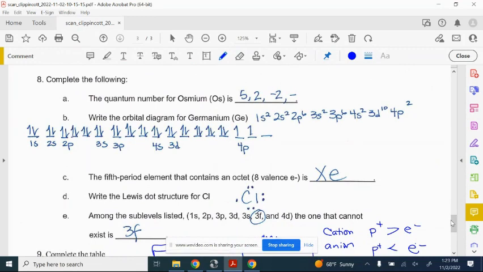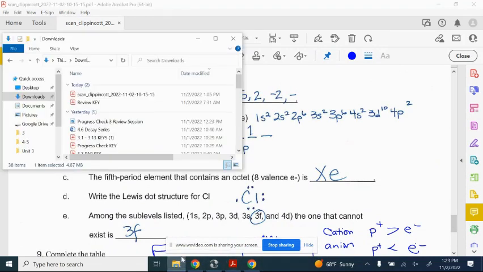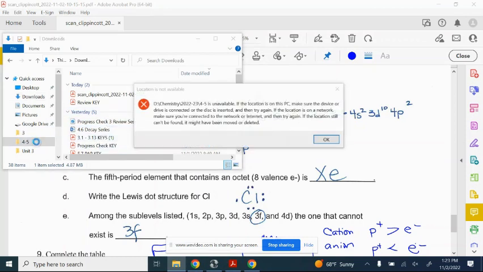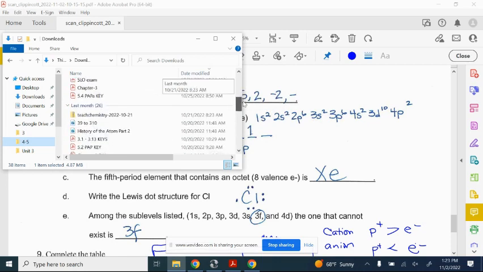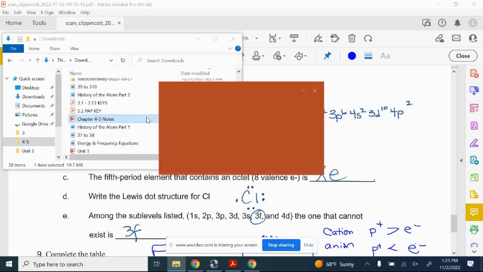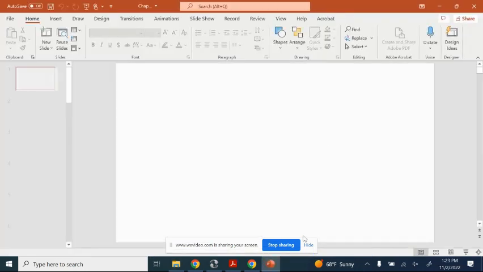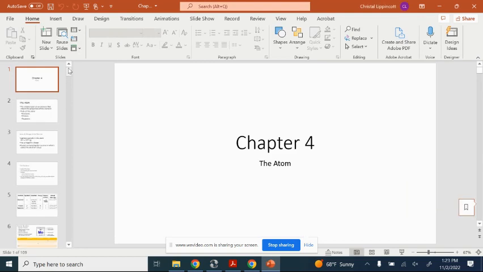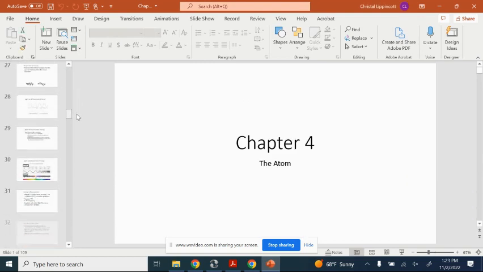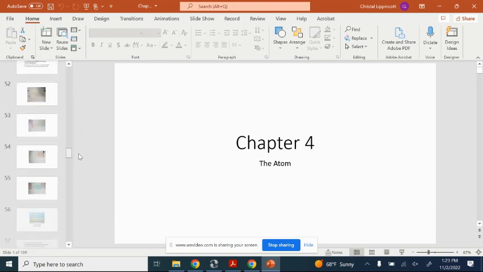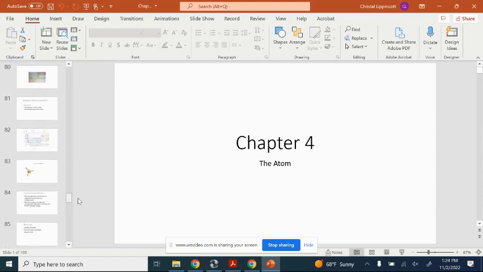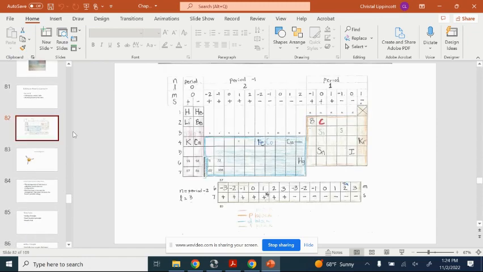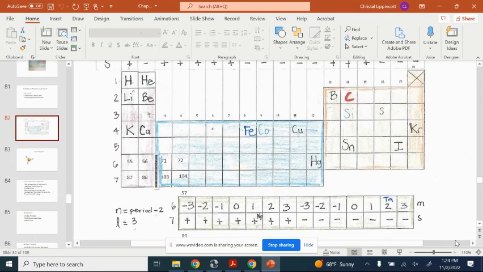They wanted to know the quantum number for osmium. I'm going to pull up this periodic table to be able to talk with it. Your periodic table that you're going to have is going to be very similar to this. I think this might have a couple extra elements marked on it, but you'll have your other periodic table there for reference.